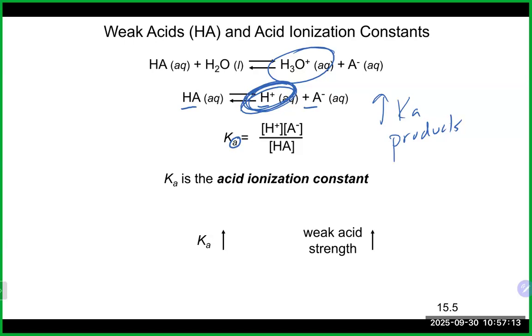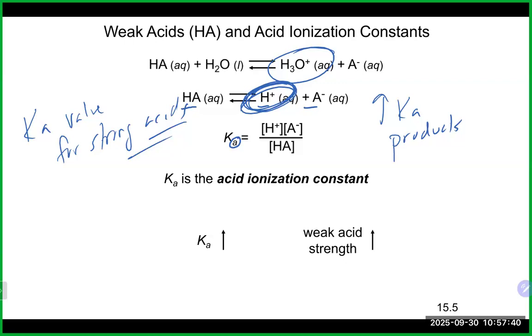So in comparison of one weak acid to another, the larger the Ka value, the stronger that weak acid is in comparison to another. It is still much weaker of an acid than a strong acid like hydrochloric acid or anything like that. Should we have a Ka value for strong acids?